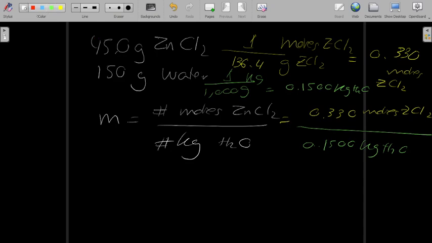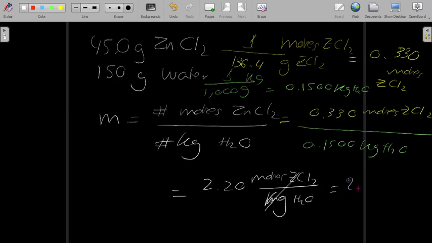I can do the math in my calculator and find that I have 2.20 moles of my solute divided by kilograms of my solvent, which is water. But I can also call it lowercase m, 2.20 m, because that m means moles of solute divided by kilograms of the solvent. And that is my molality.